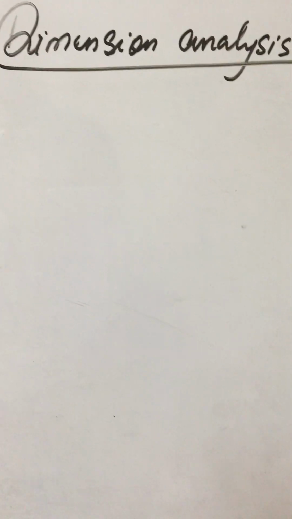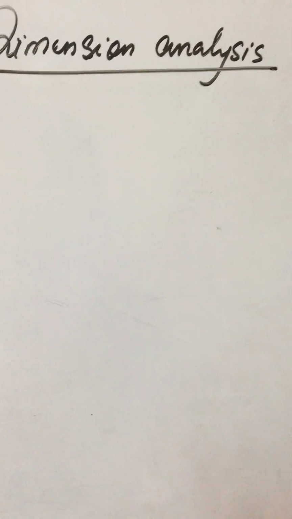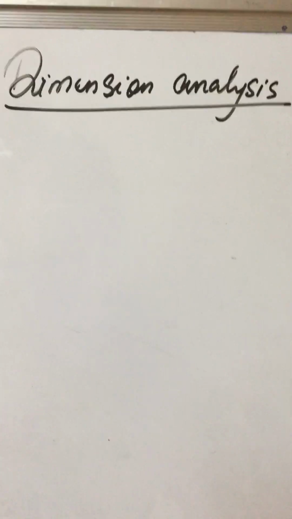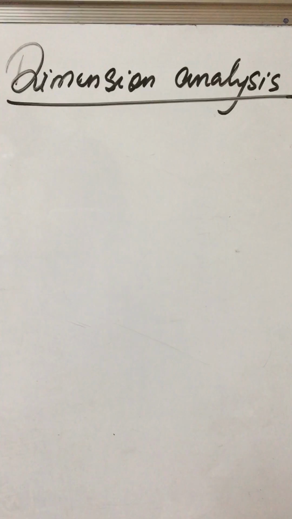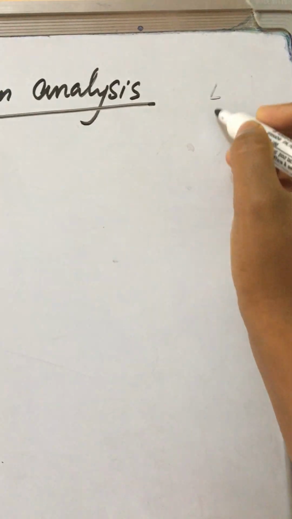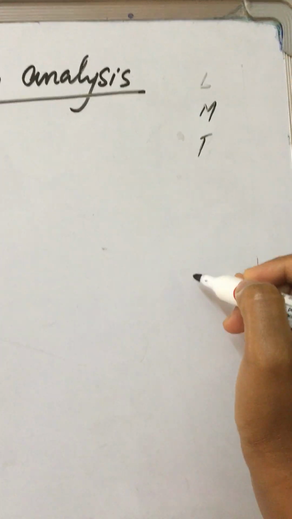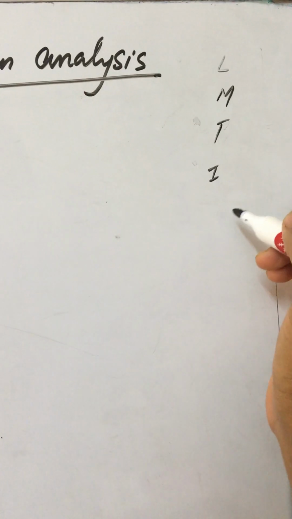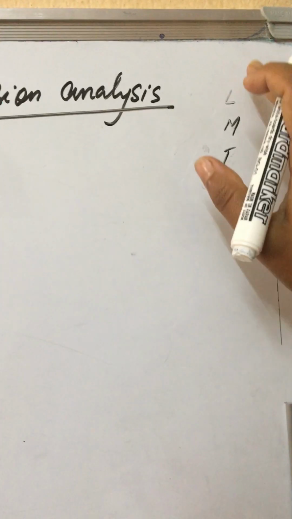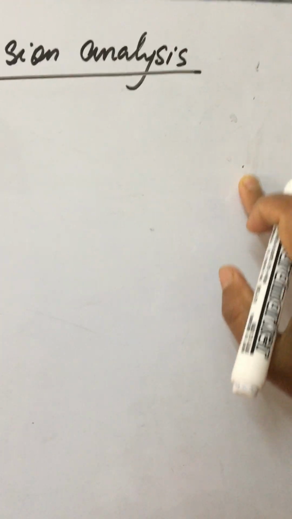Okay, see, dimension in physics. In the note I have given that there are 7 fundamental physical quantities, like what? Length, mass, time, current, luminous intensity, quantity of matter. So these are the fundamentals.